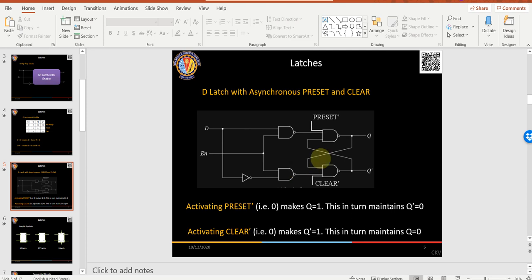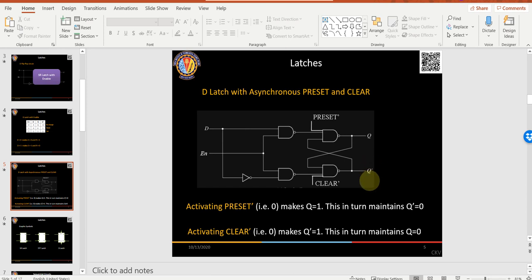Now, like I said in the previous case also, see this preset and clear is given here. If I put preset bar to 0, irrespective of what is coming from the clock or D, it will become 1 here, so it will be preset to 1. Similarly, clear means 0. If you give 0 at clear bar, irrespective of the clock or D input, the output will be cleared.